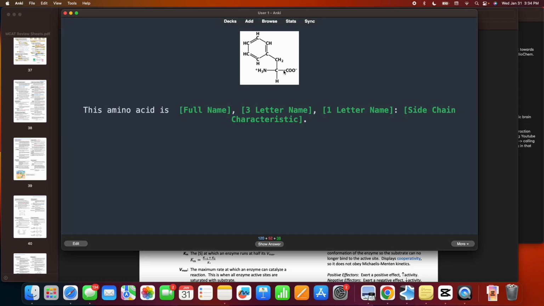This amino acid, let's take a look at it. This should be phenylalanine. You can see the phenyl here. It's phenylalanine, Phe, F, and the characteristic of the side chain is that it is non-polar and it is not aliphatic, it's cyclic, right?